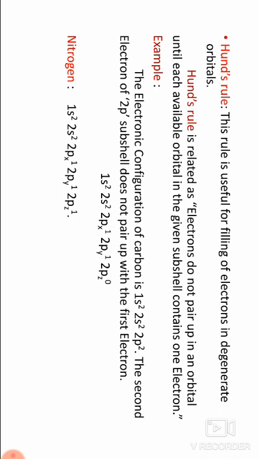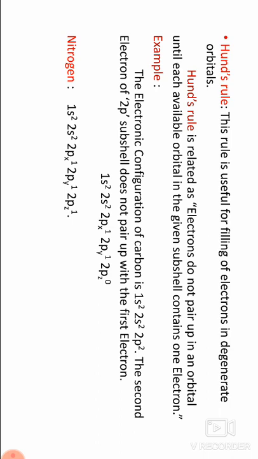Therefore, an electron from the 4s orbital is transferred to the 3d orbital so that the d orbitals become half filled. The observed electron configuration is 4s1 3d5. So chromium gains extra stability with the d5 configuration.